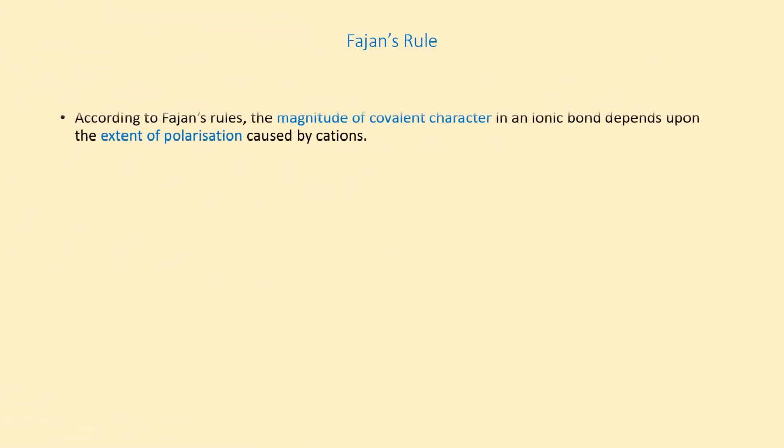Fajan's rules. According to Fajan's rules, the magnitude of covalent character in an ionic bond depends upon the extent of polarization caused by cations. So, the magnitude of covalent character in an ionic compound is a function of the extent of polarization caused by cations. In general, the smaller the size of cations, the larger is the polarizing power.